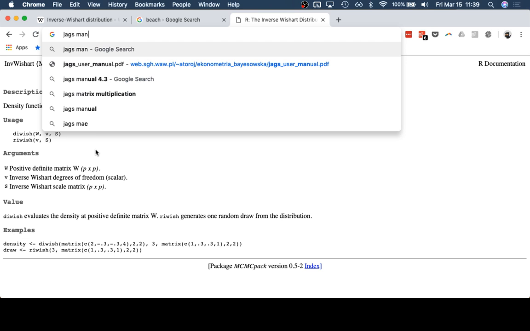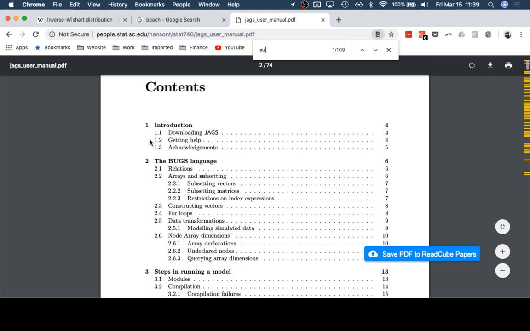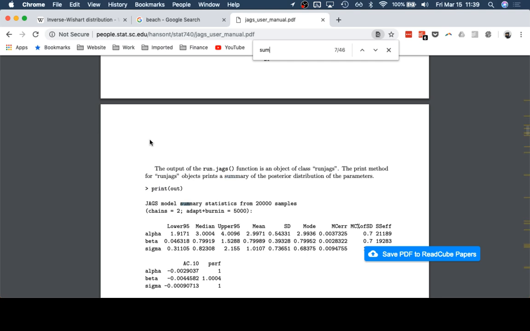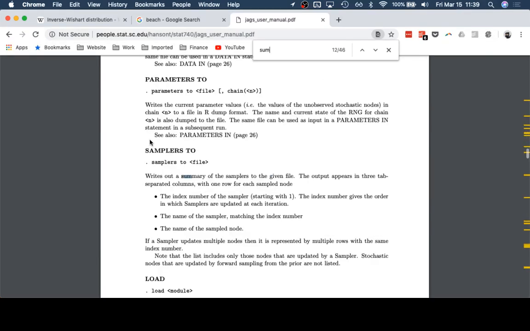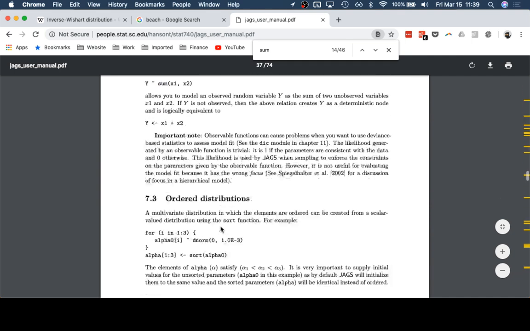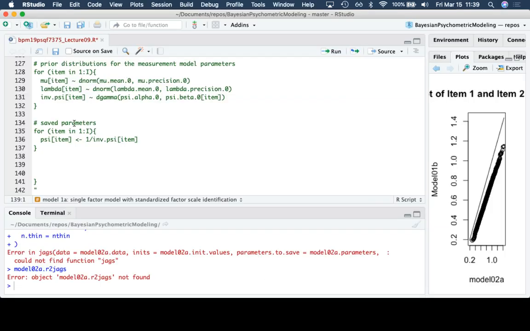Sorry, JAGS manual. I want to see if there's a sum function. There usually is sum. Observable. There it is. I could sum. I just want to make this real quick here.